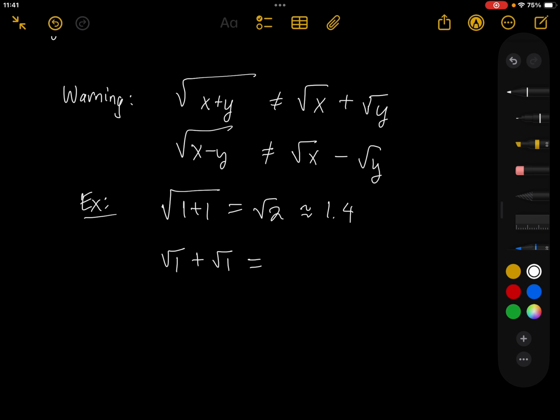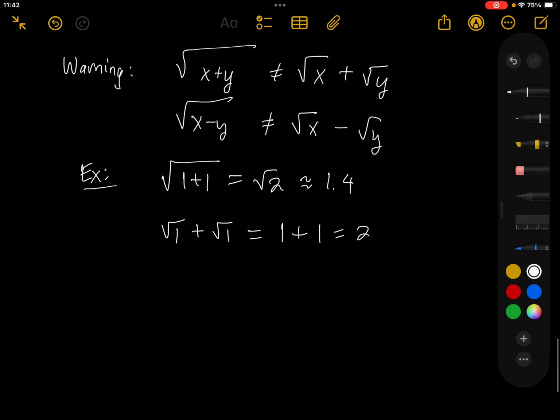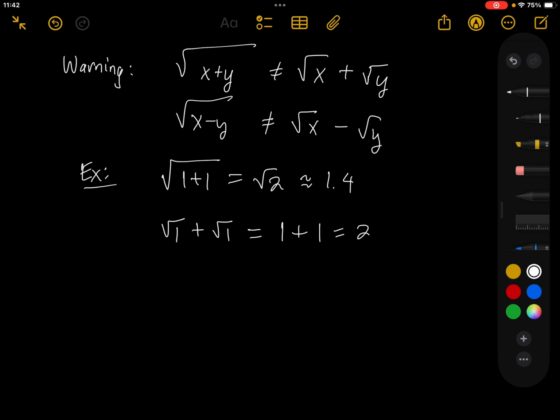The square root of 1 is 1, square root of 1 is 1, 1 plus 1 is 2. And no, 1.4 is not the same as 2. So that explains why this first inequality, you have an inequality, right? It's the square root of x plus y is not equal to the square root of x plus the square root of y in general.